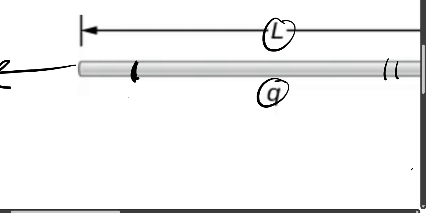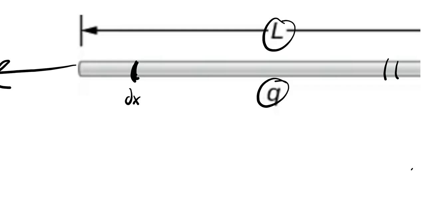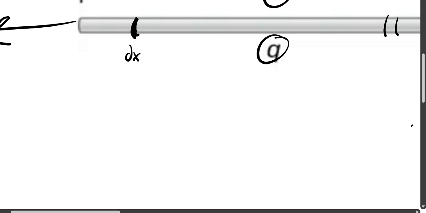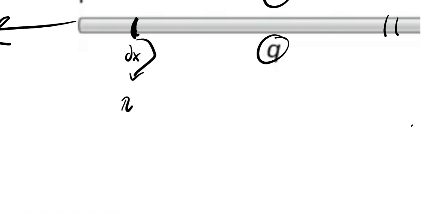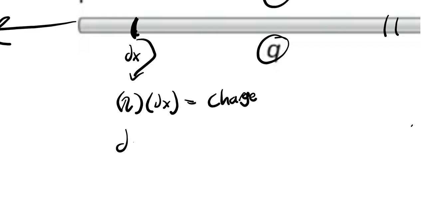Let's call it a width of dx. The amount of charge in that little section I picked is going to be, remember, lambda times some length gives me charge. So dq, the tiny amount stored in that tiny section of line, is going to be lambda dx.